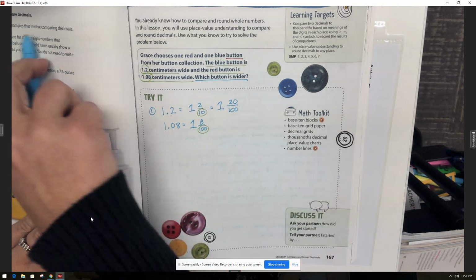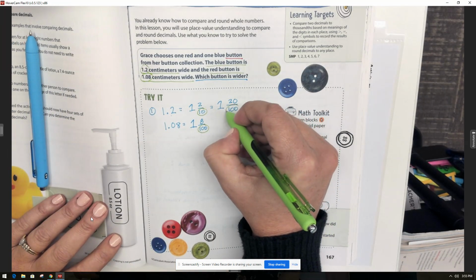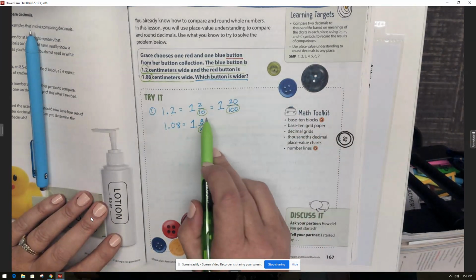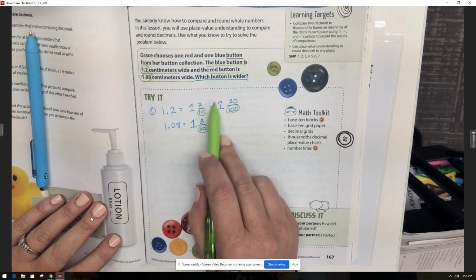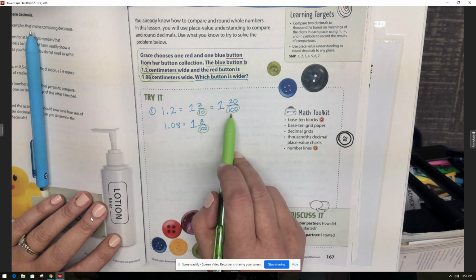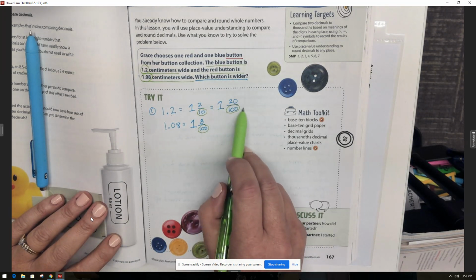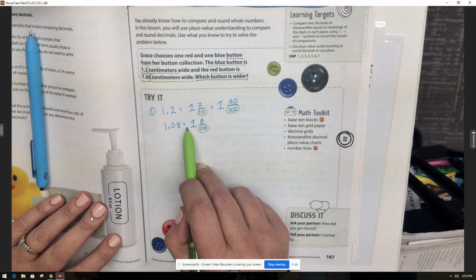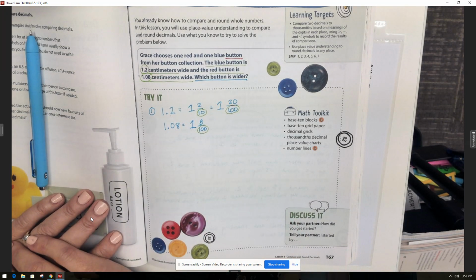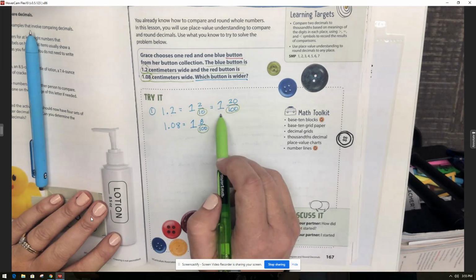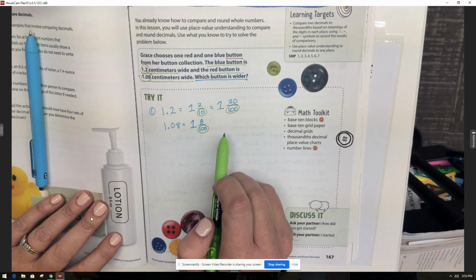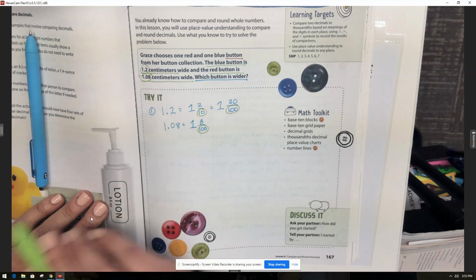Now I have equivalent fractions. So now I can look and see, is 1 and 20/100ths greater than, less than, or equal to 1 and 800ths? Again, is 1 and 20/100ths greater than, less than, or equal to 1 and 800ths?